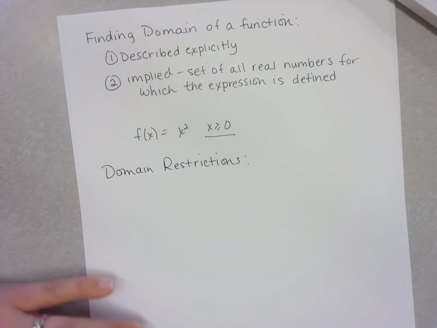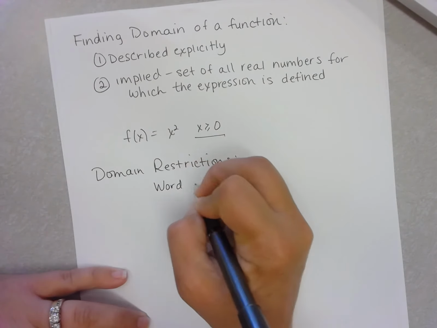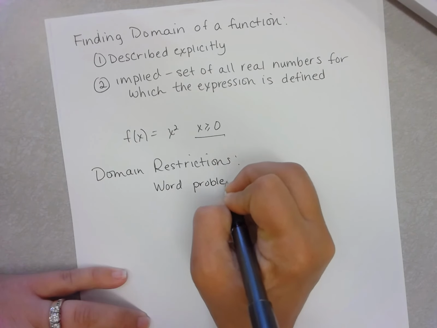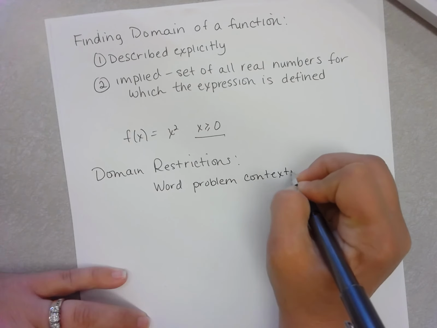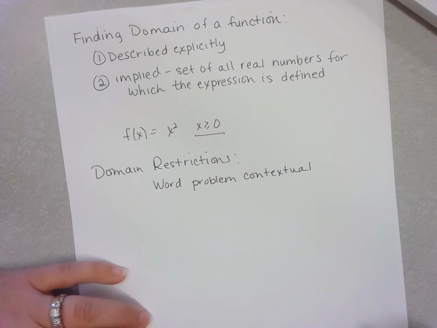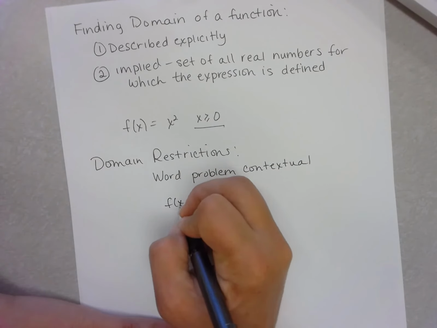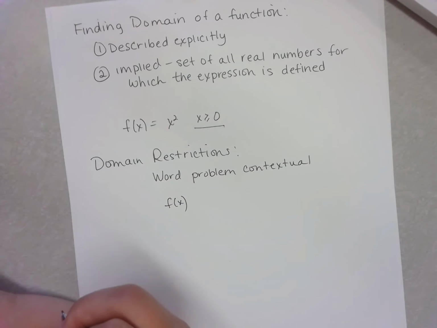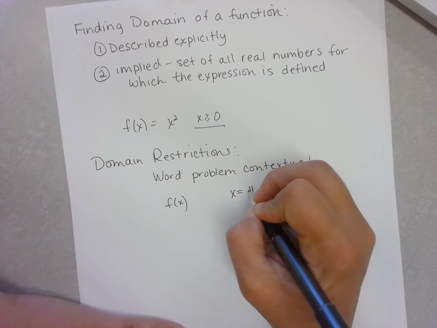So the first thing is sometimes we have a word problem, and basically this is a contextual issue. Let's say that my function, f of x, was describing some process where it was trying to predict the cost of producing a certain number of boxes, where x was the number of boxes.